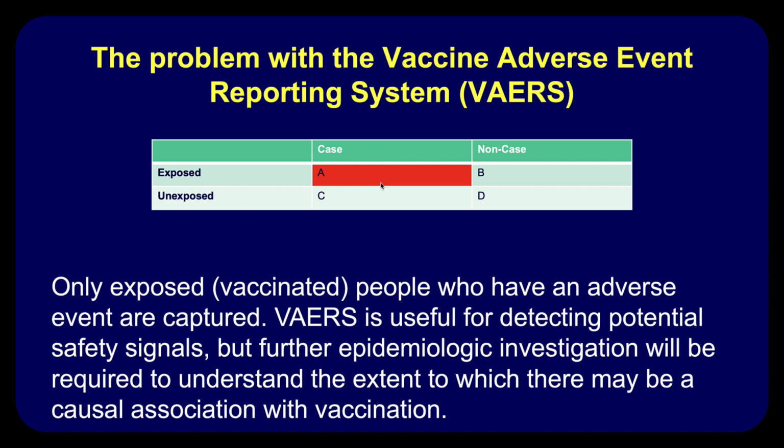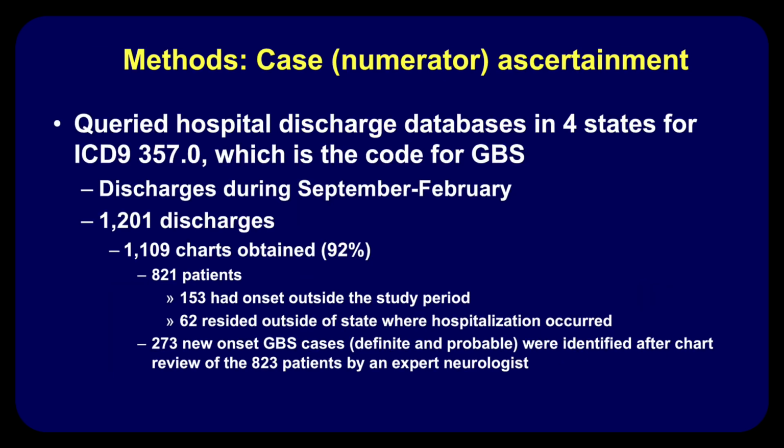Only exposed vaccinated people who have an adverse event are captured in VAERS. So it's useful for detecting potential safety signals, but further epidemiologic investigation will be required to understand whether or not those safety signals are a causal association.